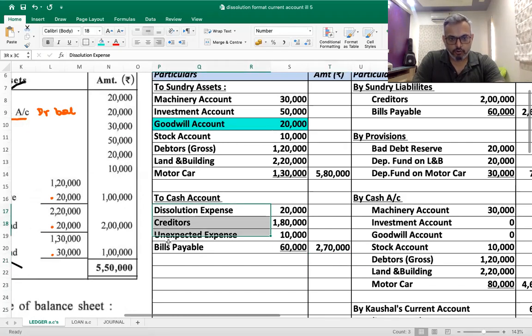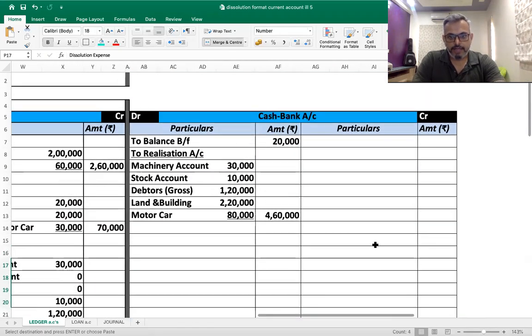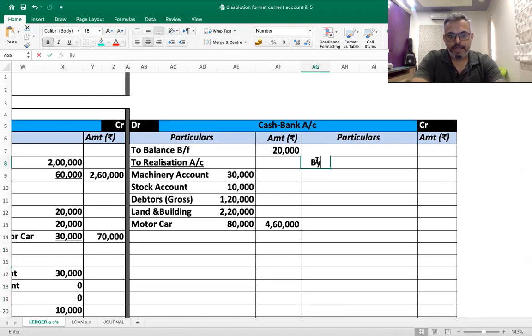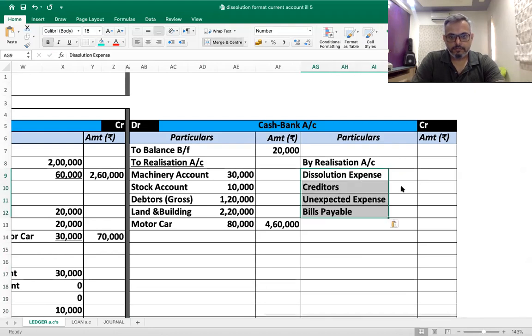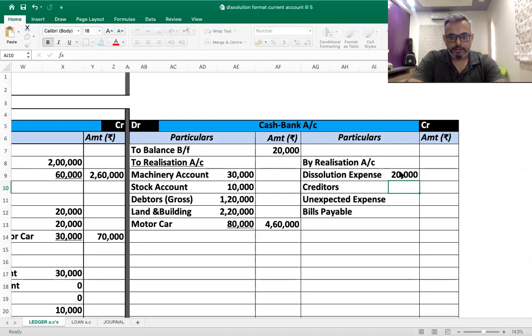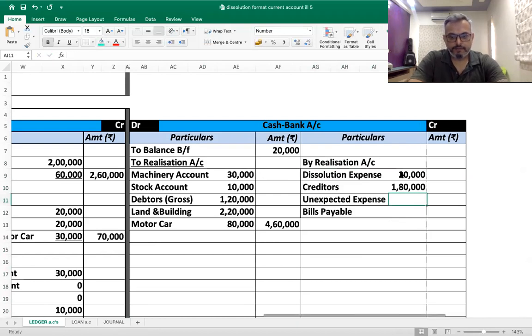So let's go to the cash account. Cash account on the credit side, by realization account. We write the amount: dissolution expenses 20,000, creditors 1,80,000, unexpected expense 10,000 and bills payable 60,000.